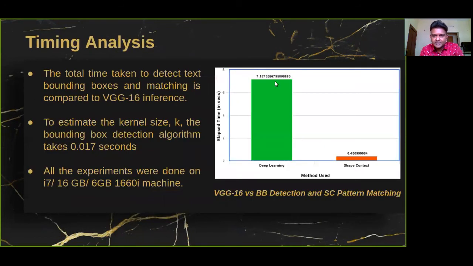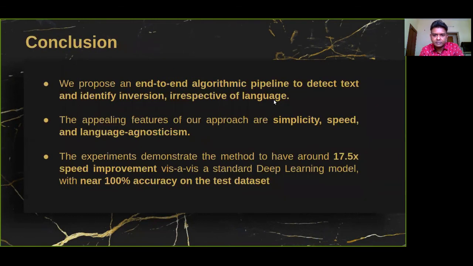In terms of speed, you can see the difference. The total time taken to detect text with shape context is only 0.4 seconds. This includes the time taken for detecting the bounding box and also the shape context matching. Whereas this method takes much more time. So it's a very efficient way of detecting the inversion.